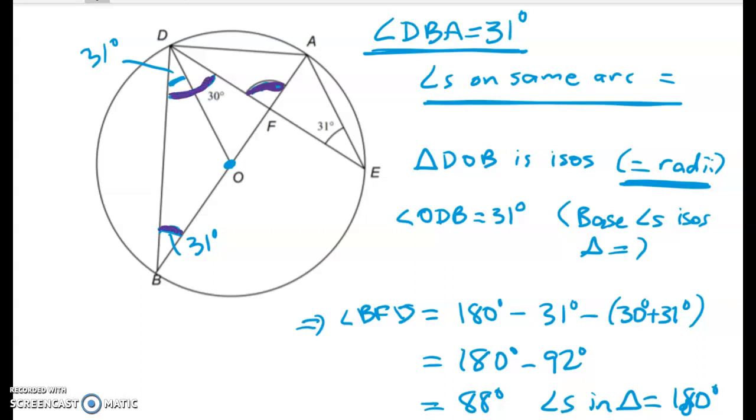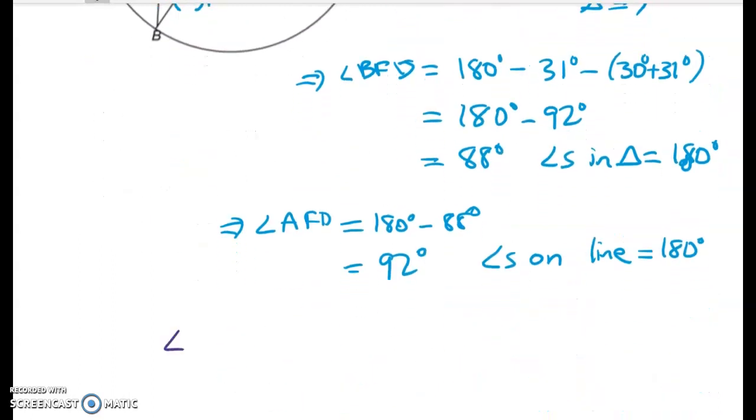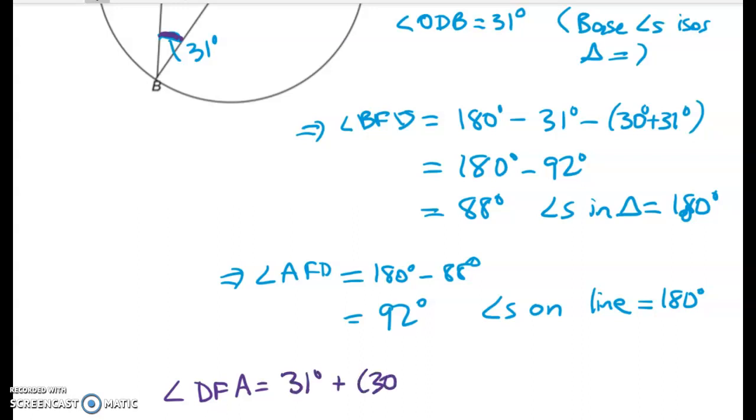So we can go straight to our answer, and we could have written angle DFA is equal to 31 degrees plus 30 plus 31 degrees, because the exterior angle in a triangle is equal to the sum of the interior opposites.